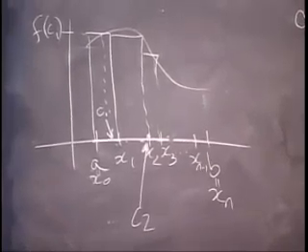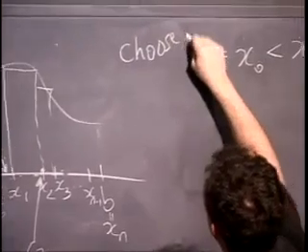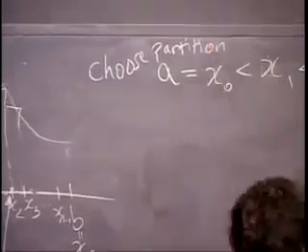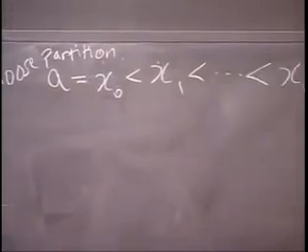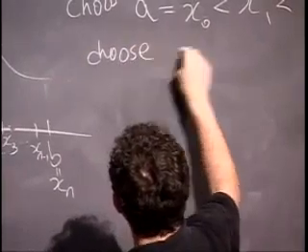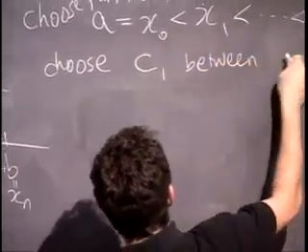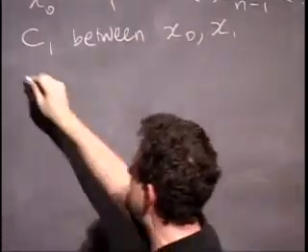This is the same picture as I drew before, so I'm kind of scratching away at it. So first of all, choose this partition. And actually, you could choose the n even. You can choose how many strips you want, whatever you like. And then you also choose C1 between x0 and x1, i.e. we'll use our interval notation.